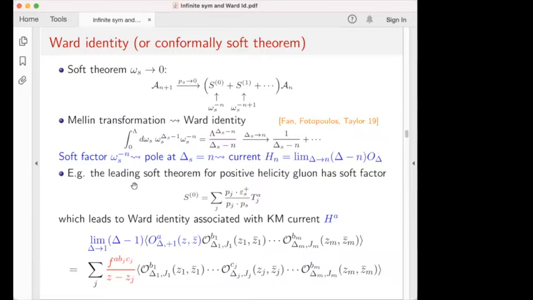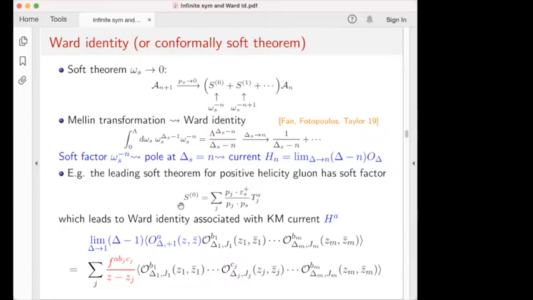I can give you one explicit example. For gluon scattering, the leading soft theorem for positive helicity gluon has the following soft factor. In particular, we have this p j in the numerator. This means we have this omega s to the -1.